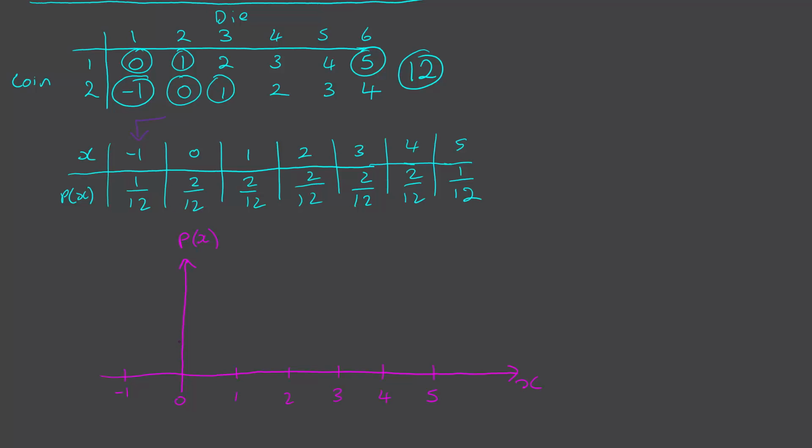And up here, we would want a 12th and 2 12ths, which of course is 1/6. And then we would do a line graph like this. So these are all 2 12ths until we get to the 5, which is 1/12 again.